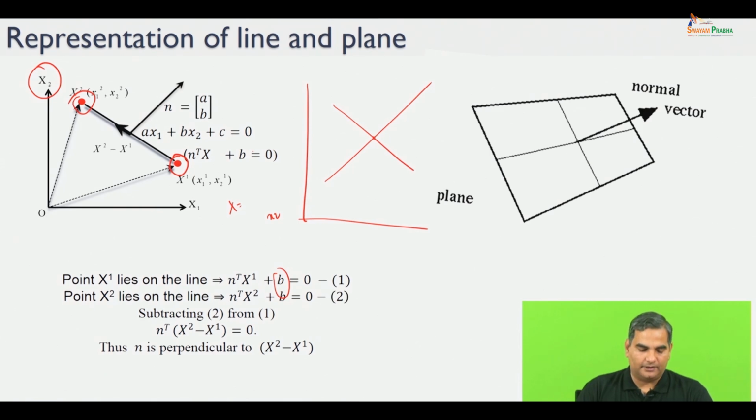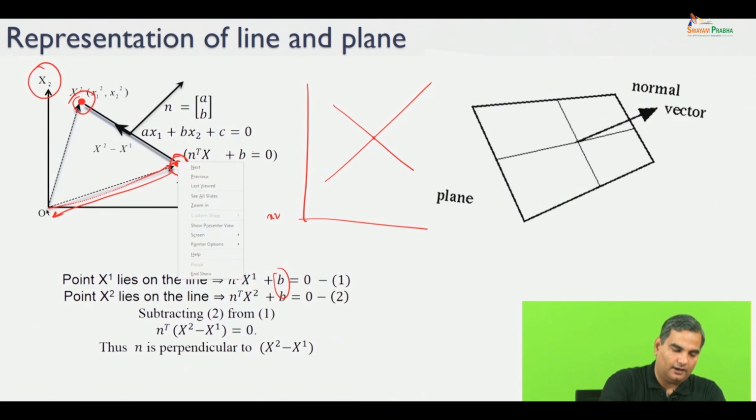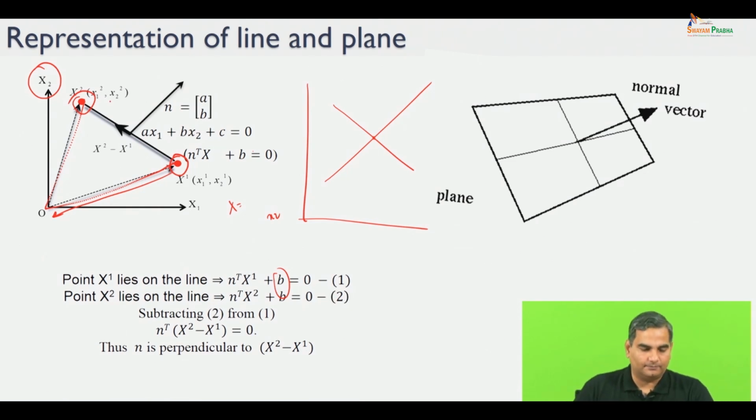Now, let us interpret this equation. From vector addition, you know that if I have x1, then minus x1 is in this direction. So, when I do x2 minus x1, I am adding x2 and minus x1, which is equivalent to starting from here and going here, which is basically through vector addition in the direction of this line.